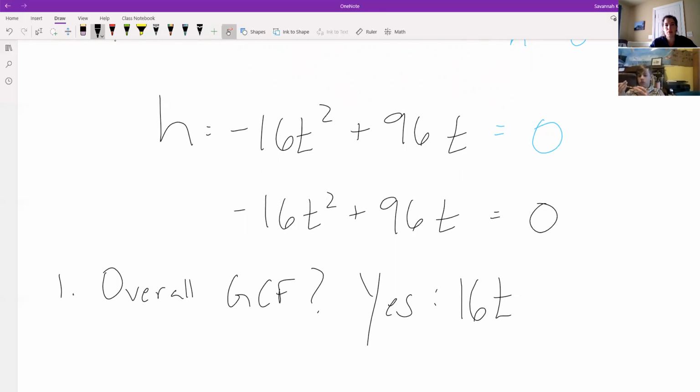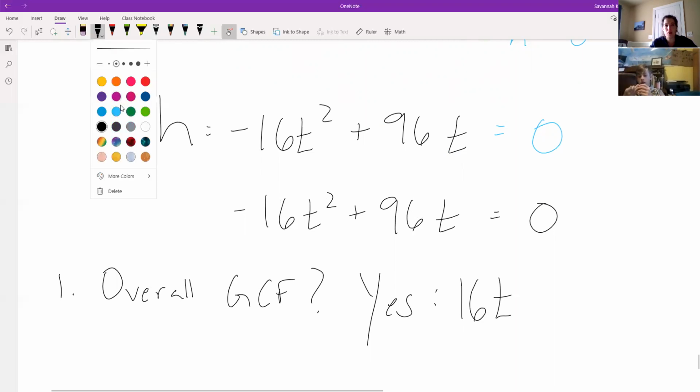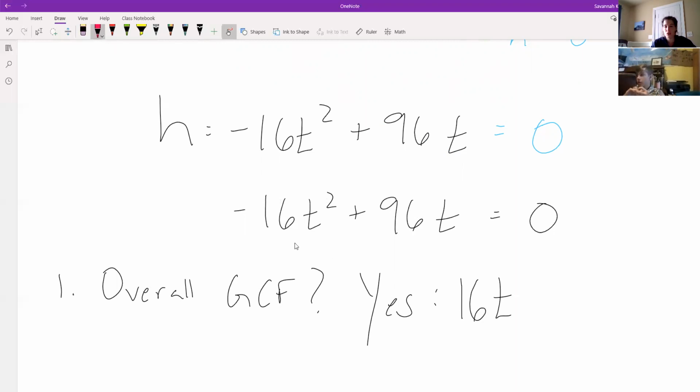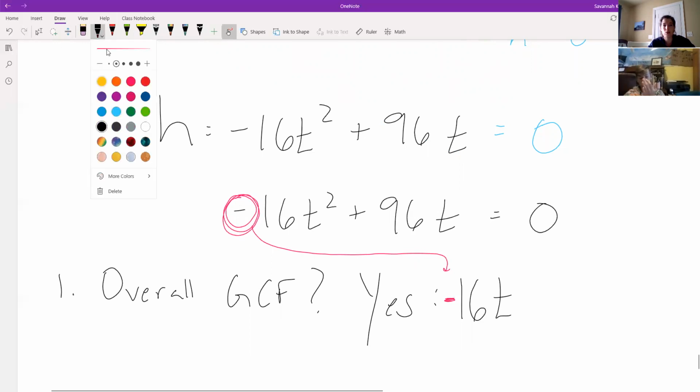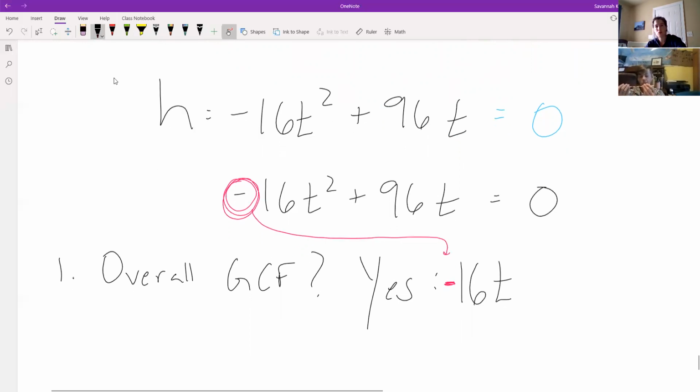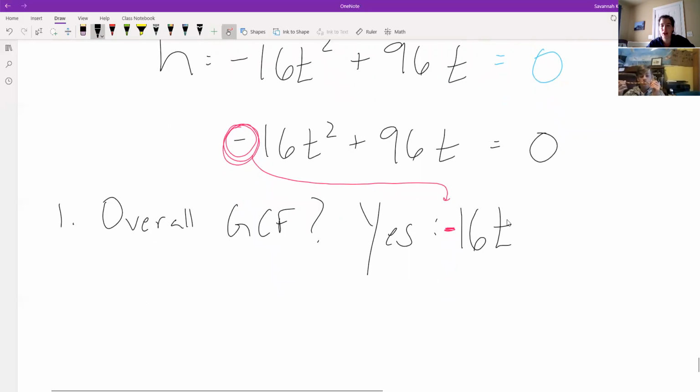And then something that we haven't seen in too many problems is if your lead term here is negative, your GCF needs to pick up that negative, just to make the rest of the problem simpler, or in the case of factor by grouping, it needed to come out to make the problem possible.